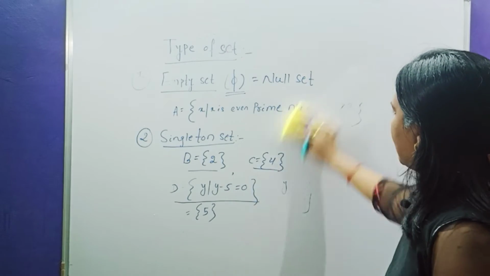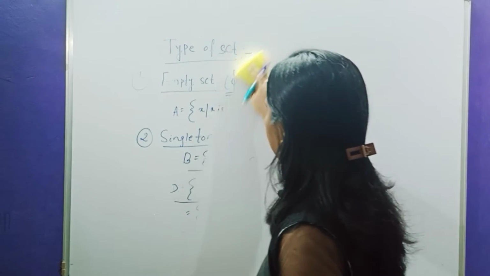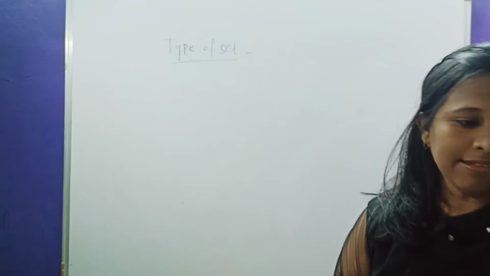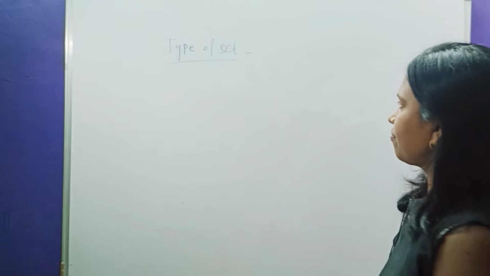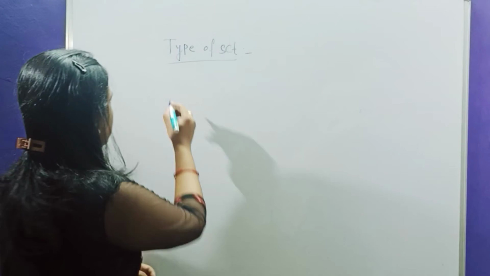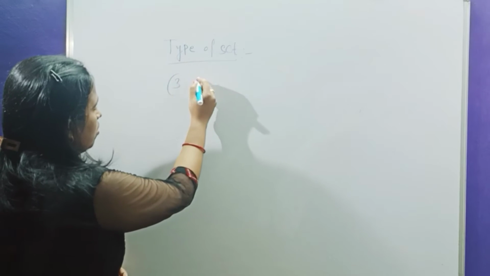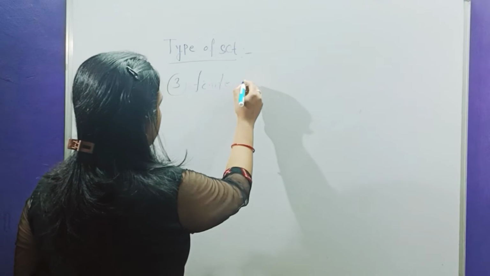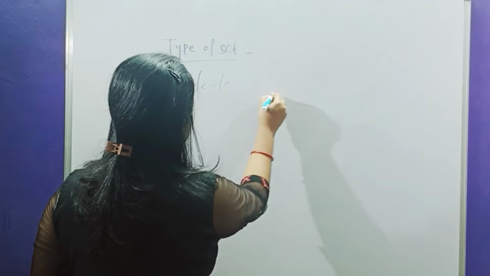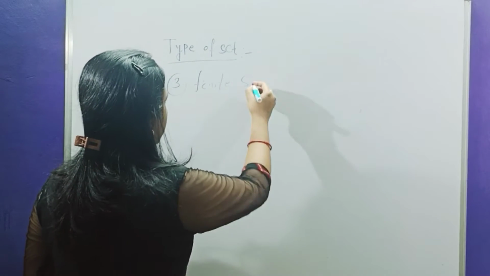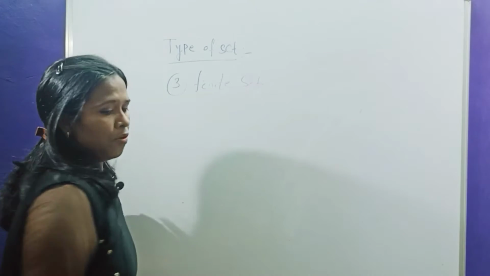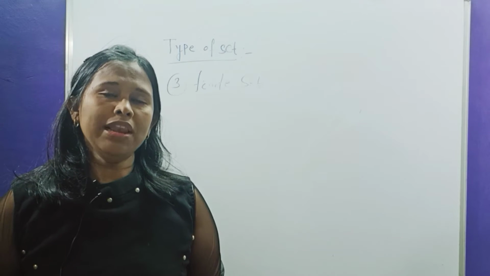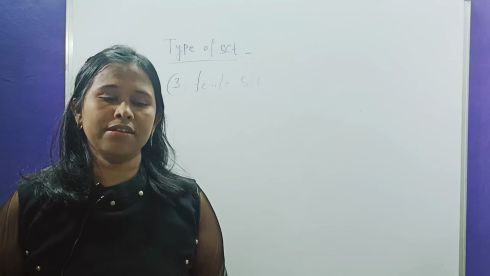We discussed two types of sets. Next we will discuss the third type, the finite set. You can note it down. A finite set means there is only a finite number of elements present.